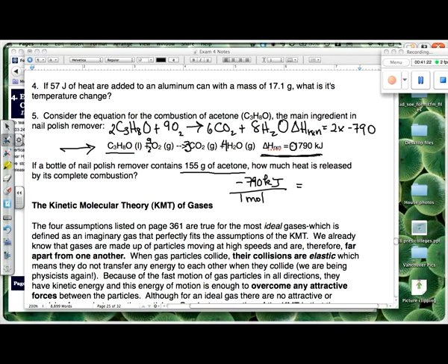How much is it when I convert 155 grams to moles? So 155 divided by the molar mass of acetone, 3 carbons is 36, plus 8 hydrogens, plus an oxygen. Molar mass is 60.08.